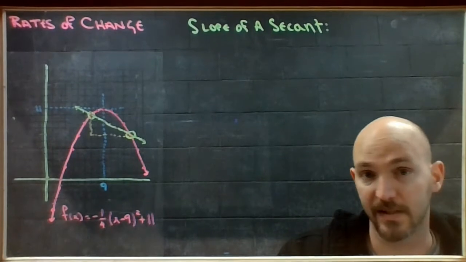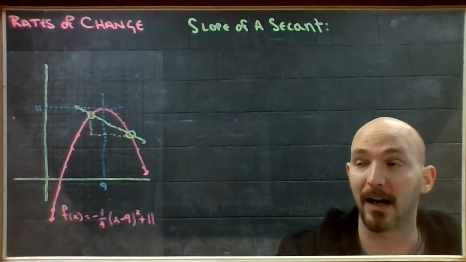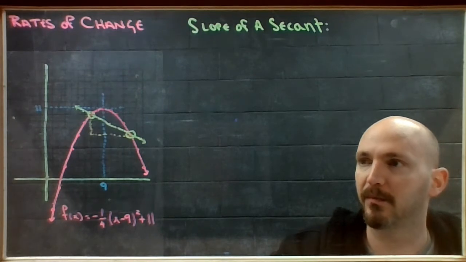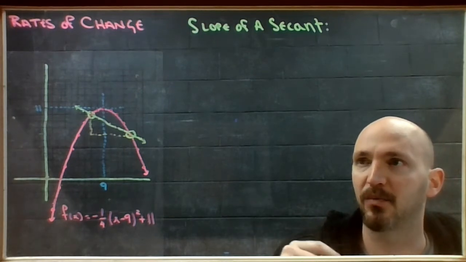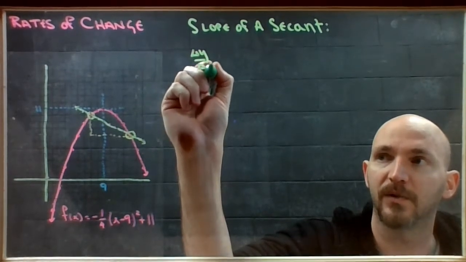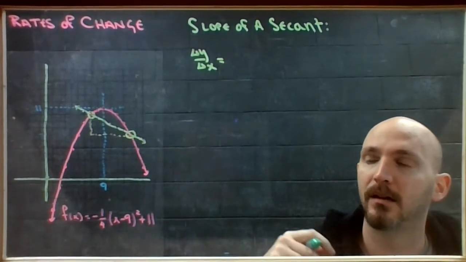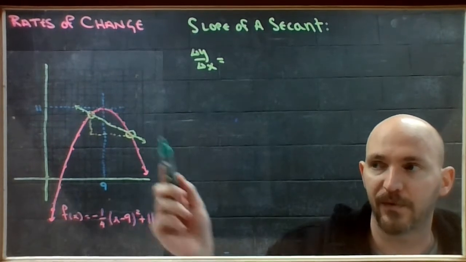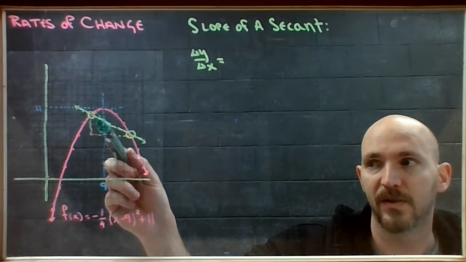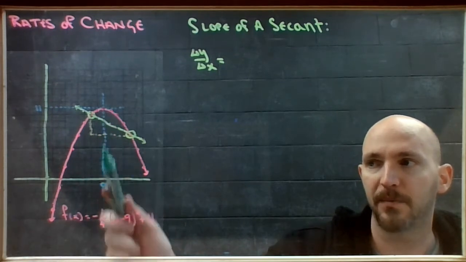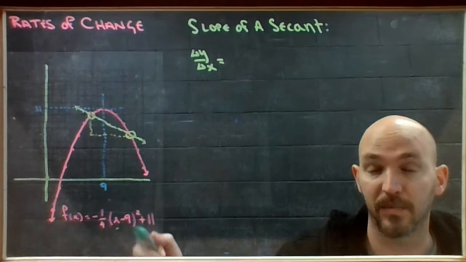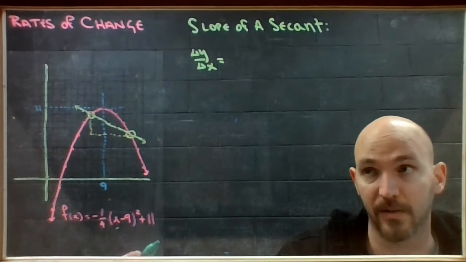Now I could just count those because I happen to pick convenient places. But if I were to try and do this algebraically, the slope, change in y over change in x, I'm going to have to figure out how high this is first off. So to figure out how far up you go on a function, you just need to take the x value and plunk it in for x and do some calculating.